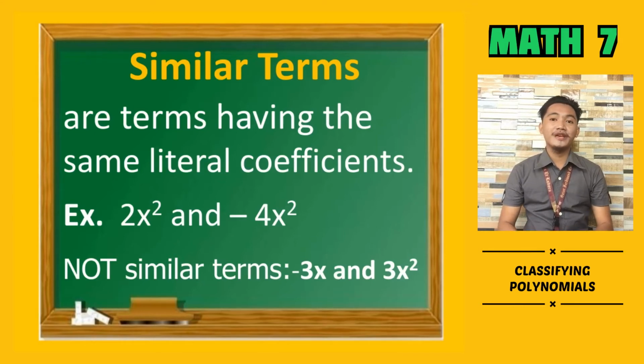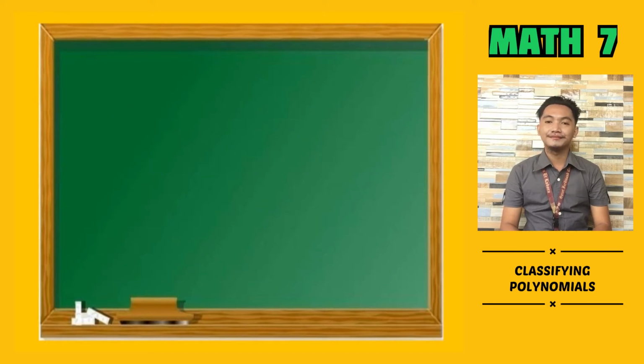The terms that we have recalled are the things that you should bear in mind, because you will again encounter these terms in our topic today and in the succeeding topics that we will discuss. Since our topic today is about classifying polynomials, let us first define the term polynomial.